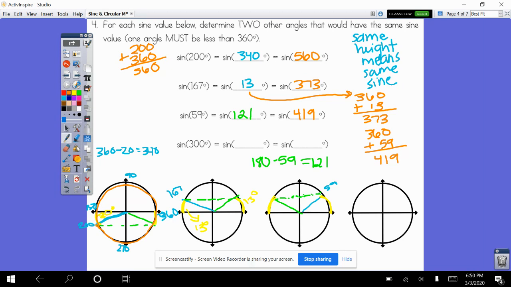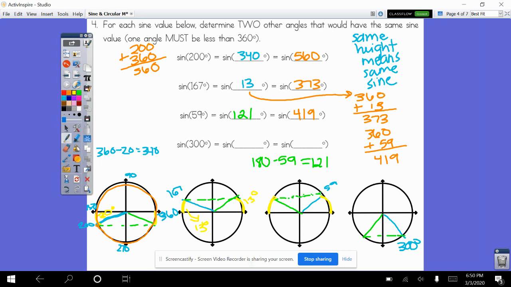This is on the no calculator section. So 300 degrees is the last one. 300 degrees, that's between 270 and 360. So 300 down here. First I need to find one that is within the circle. So the angle with the same height is going to be over in quadrant 3.